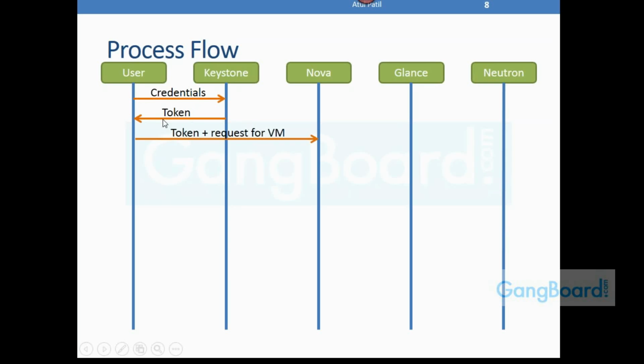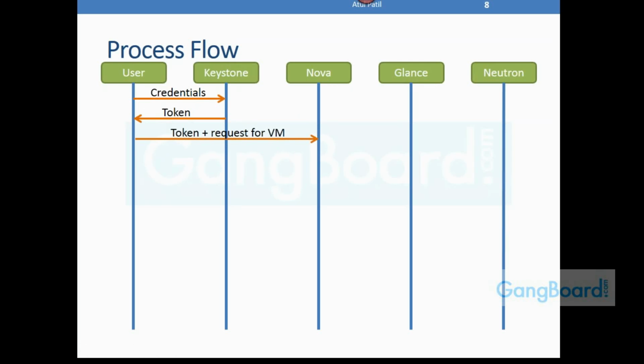Then the user will send the token to request for a VM. So when I click on create a new VM, what is actually happening in the background is the token is sent to your Nova node. We will go through each node one by one later, but just understand what is happening in the background. Nova is not the authorized person to authenticate that, right?